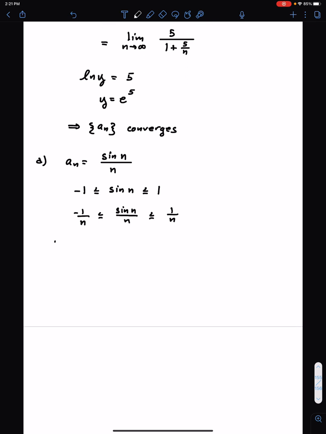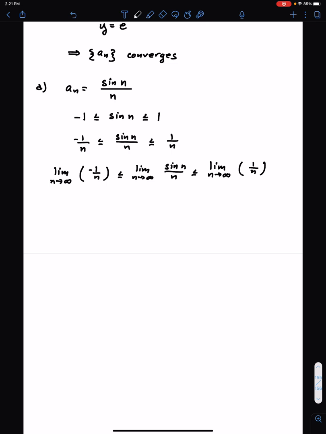Now if I take a limit, the limit as n approaches infinity of -1 over n is less than or equal to the limit as n approaches infinity of sine of n divided by n, which is less than or equal to the limit as n approaches infinity of 1 over n. The left side, that limit is 0.